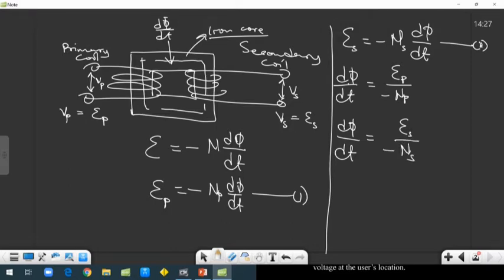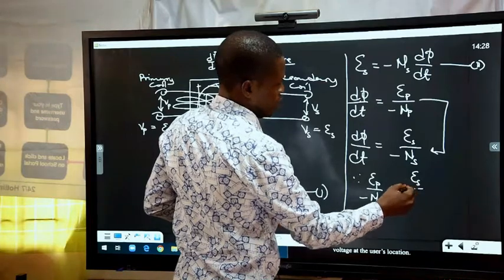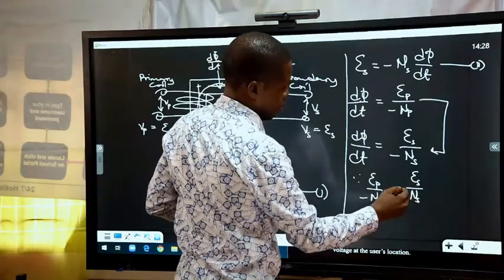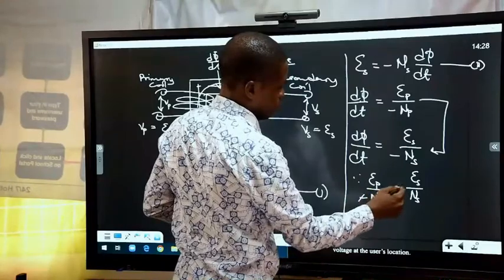Since the flux change is constant throughout the coil or circuit, these two can be equated. So we have the primary EMF divided by the number of turns equal to the secondary EMF divided by the number of turns at the secondary, with negative signs that cancel out.